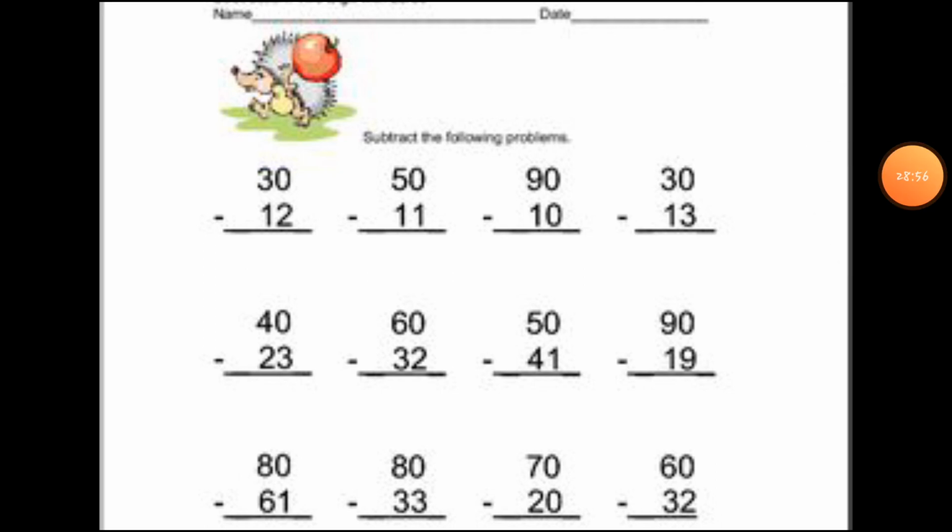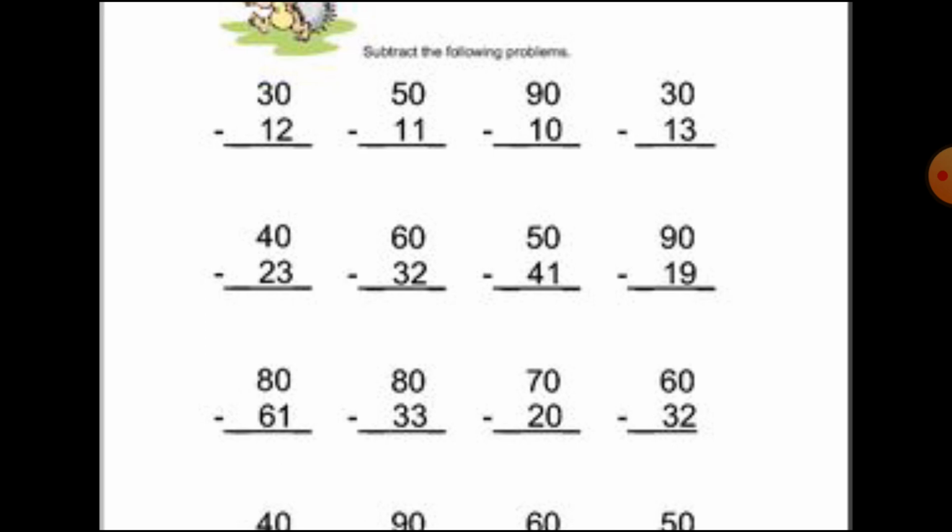In the next sum, in the second row, which is 40 minus 23, here you need to regroup. In the next sum, which is 60 minus 32, you also regroup. Here 50 minus 41, you also regroup it. Next sum, which is 90 minus 19, you also regroup it.